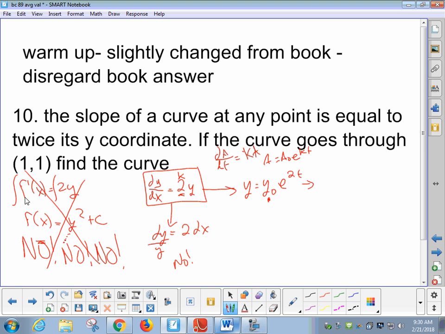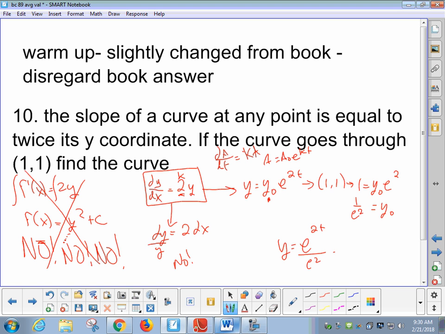You need to plug in the point to find y initial. If I use 1, 1, then I get 1 equals y initial times e to the 2. So y initial is 1 over e squared. And so my equation is y equals e to the 2t over e squared.